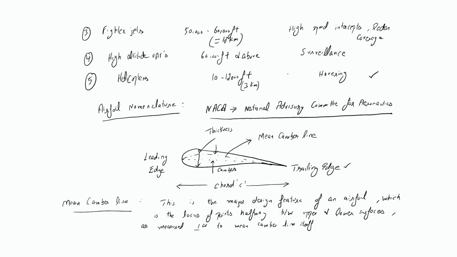That straight line, which is this dotted line that you are seeing over here, connecting the leading edge and trailing edge, is known as the chord line.